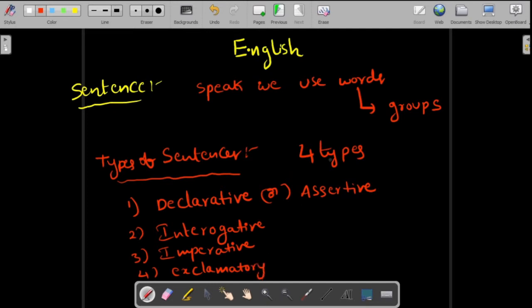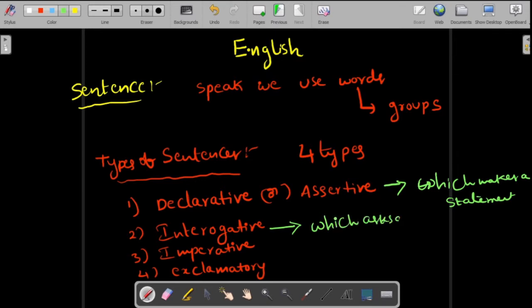Okay, what is meant by a declarative or assertive sentence? These are those sentences which make a statement or assertion. Interrogative sentences are those which ask a question.